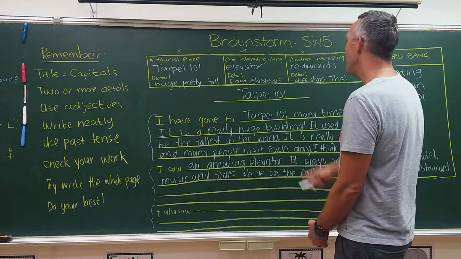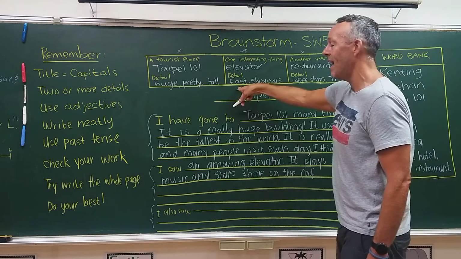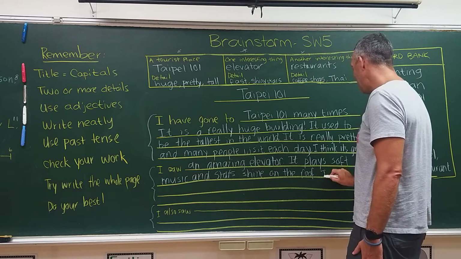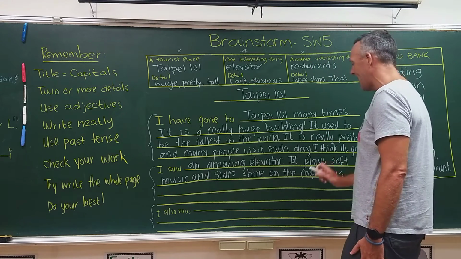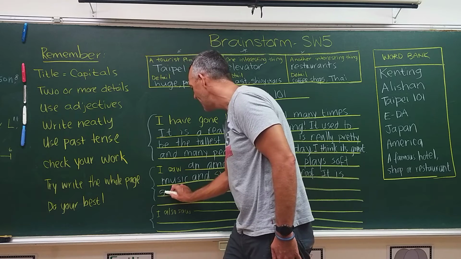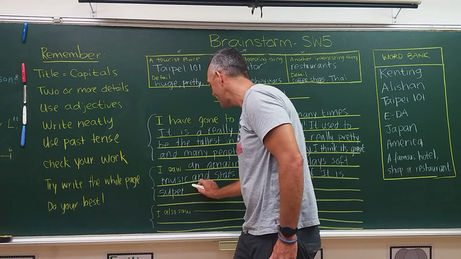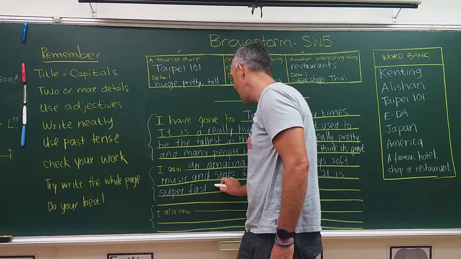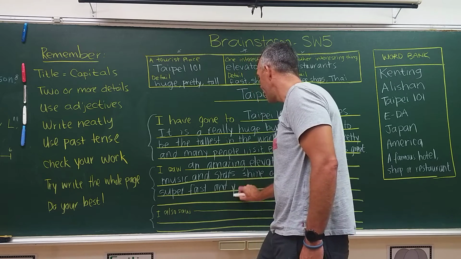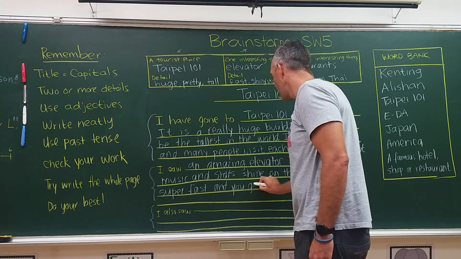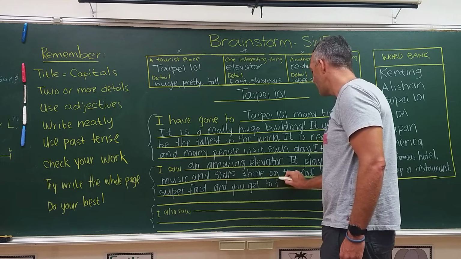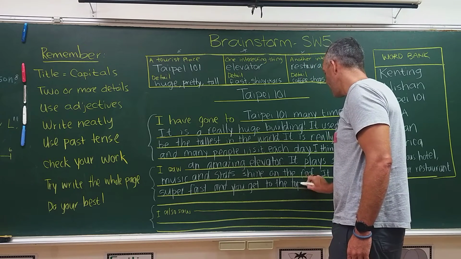Okay, and then of course I've used that they've got the shiny stars and now I need to describe it as fast. It is, let's use another explanation sentence, we've been practicing those. It is super fast, not just fast, super fast, and you get to the top soon.